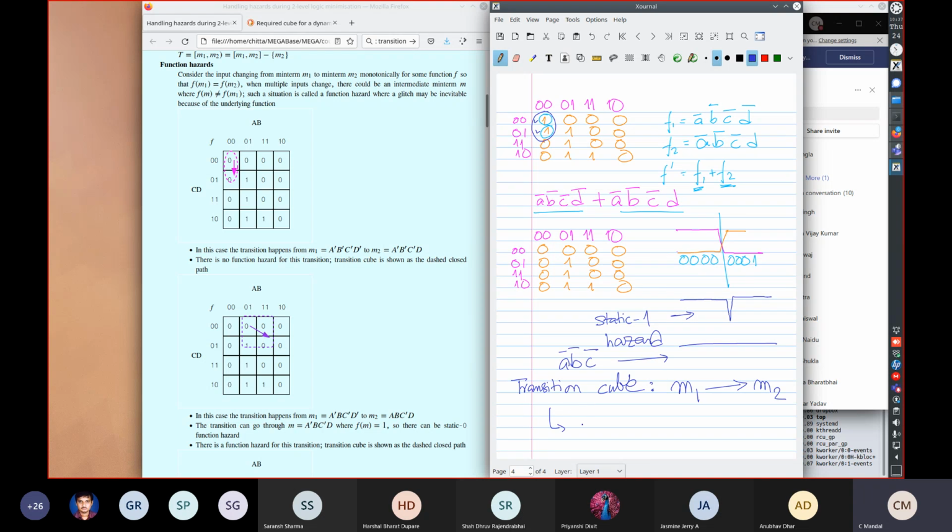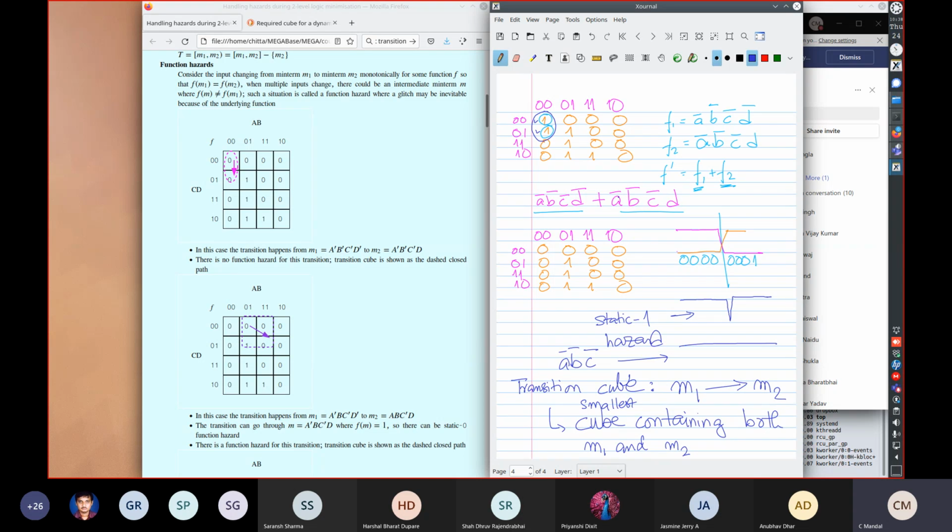So the transition cube is the cube containing both M1 and M2. Of course, this is actually the smallest cube containing both M1 and M2.